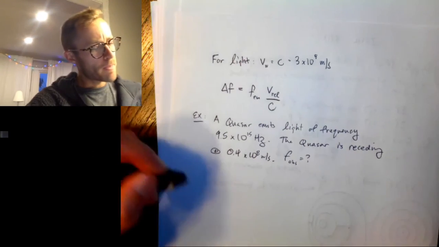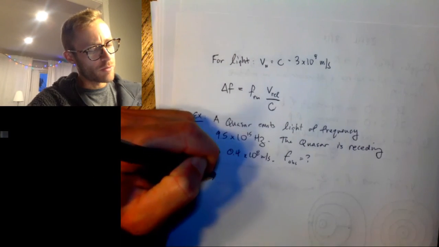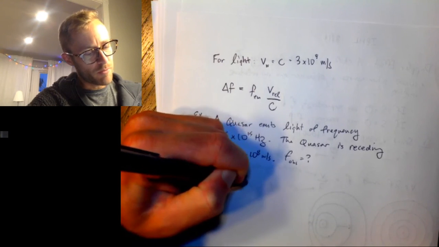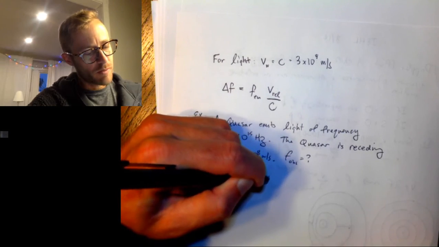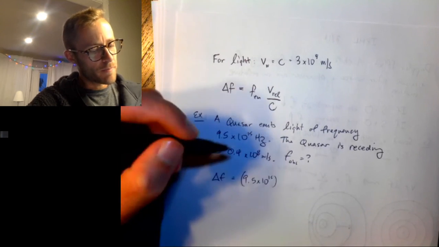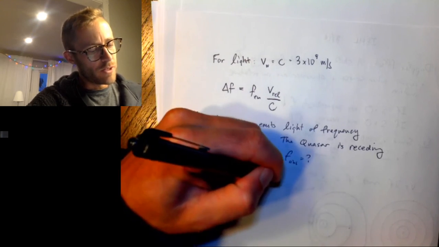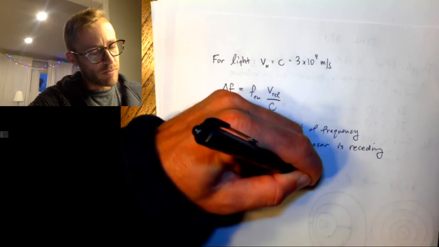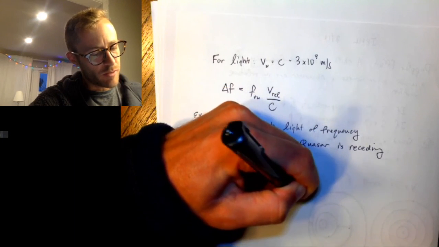So I would just use my formula for the change in frequency. The emitted frequency is 9.5 times 10 to the 15th. And then v over c is going to be 0.4 times 10 to the 8th divided by 3 times 10 to the 8th.